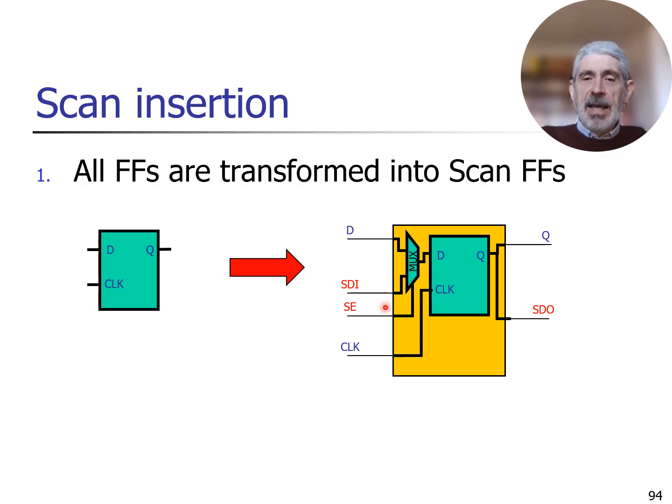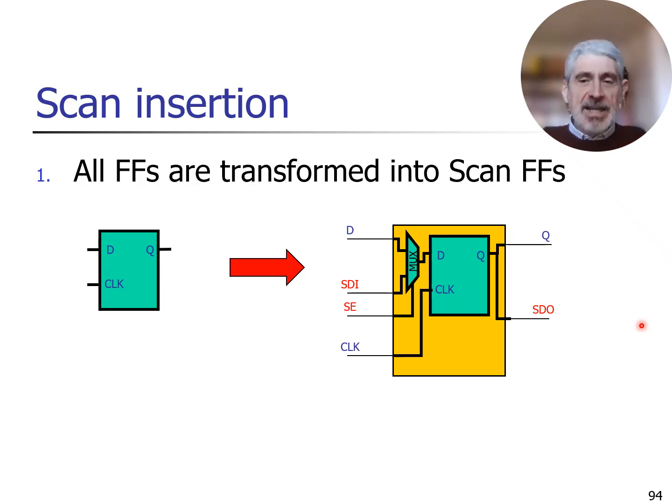This mux is controlled by a scan-enable signal, which is practically the normal/test signal which is used to tell the circuit whether it should work in normal mode or in test mode. When in normal mode, the mux connects directly the external D to the data input of the flip-flop, and the circuit works as usual.